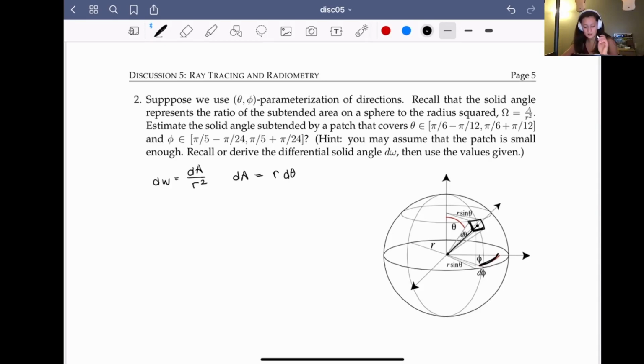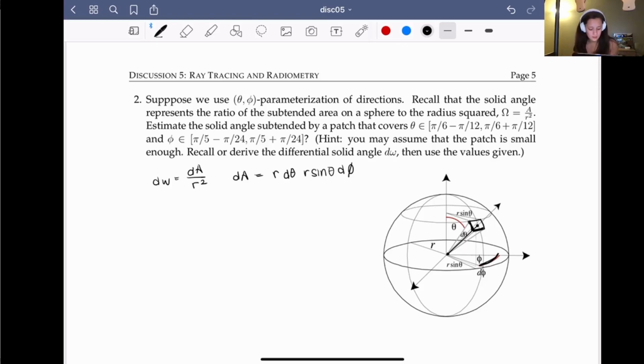Notice that the radius is a little different because it's not along this normal radius here, it's instead along this upper circular area. So that all is to say that we have r sine theta instead of just r multiplied by d phi.